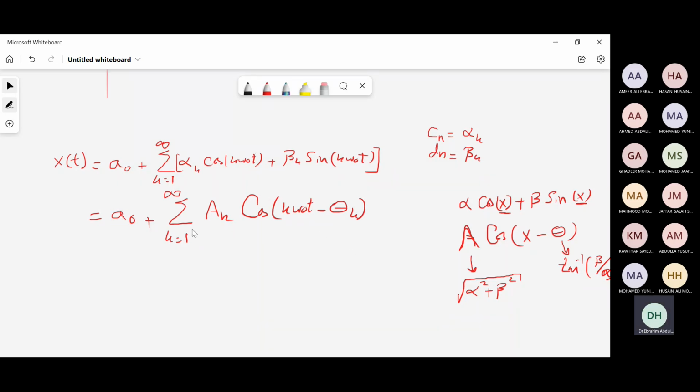This is another form for the Fourier series. So this is one form, this is another form.